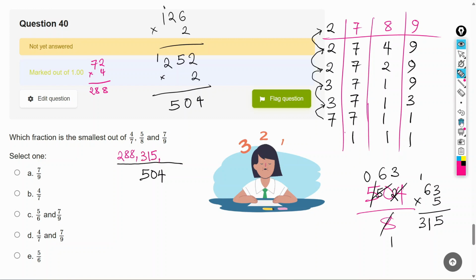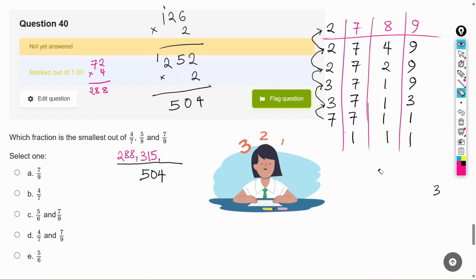And then the next one is 7 out of 9. So we divide 504 by 9. 504 divided by 9. 9 into 9 is 1. 9 into 5 cannot go, 0 carry 5.